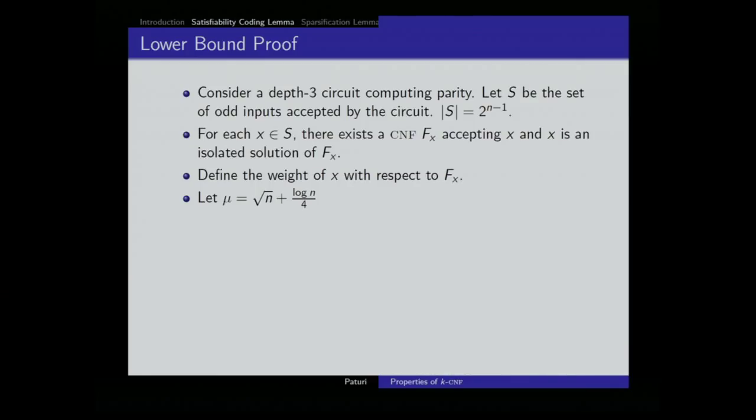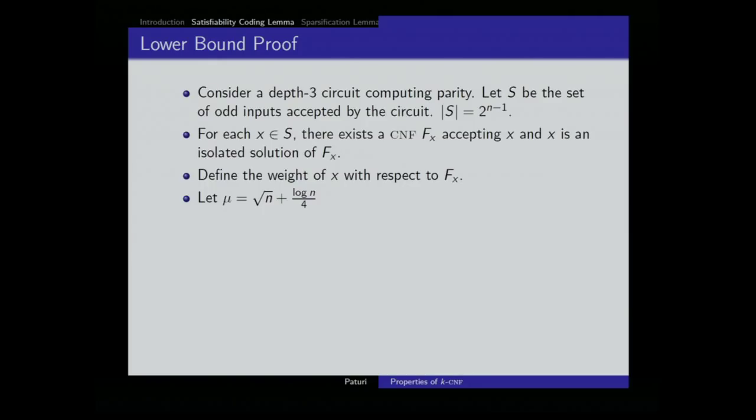The point is that if you have a short critical clause, you cannot accept too many isolated solutions. But on the other hand, if you have long critical clauses, that critical clause can only be critical for so many of the isolated solutions.